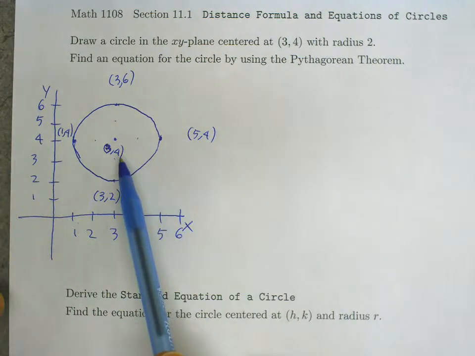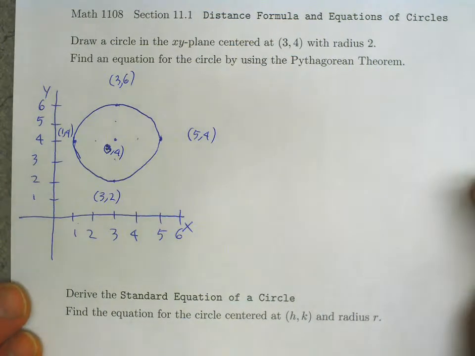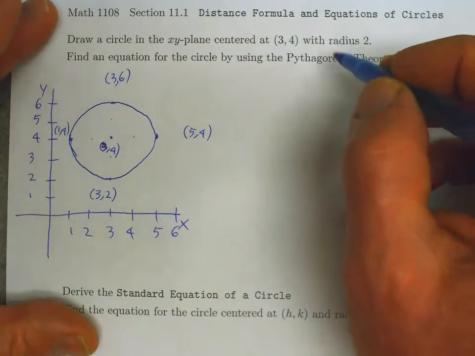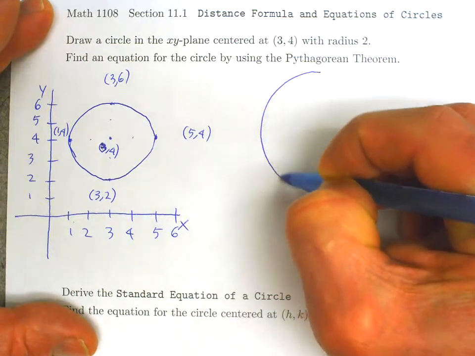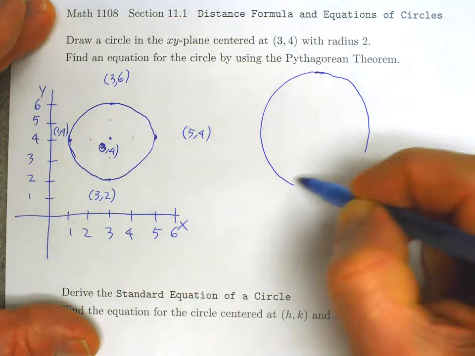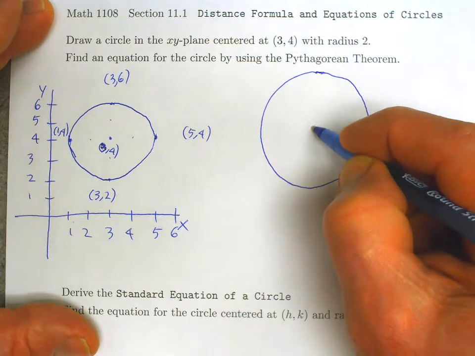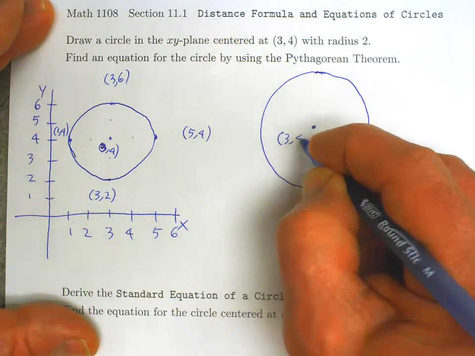Well, my picture is kind of small. So what I'm going to do, I'm going to try to draw a bigger circle over here. Slightly bigger. And I'm going to label the center 3, 4.